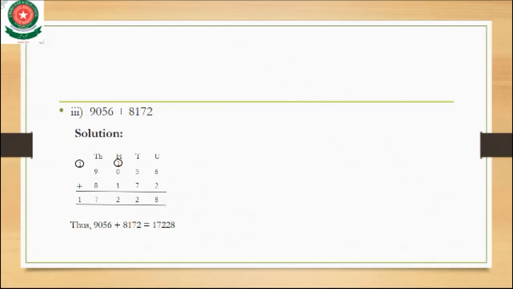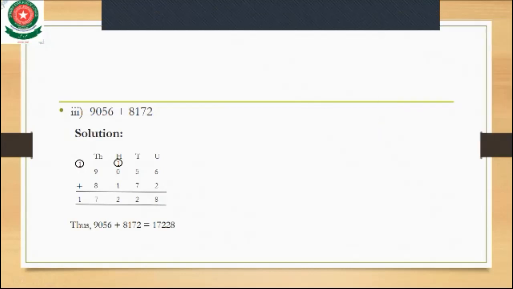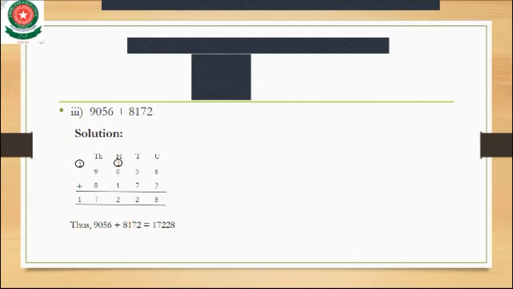Okay, I hope that most students can solve this question. Okay, come. There is a 4 digit number. Okay, class. So see, the first number is 9056.